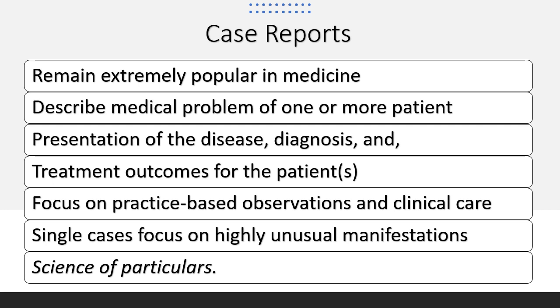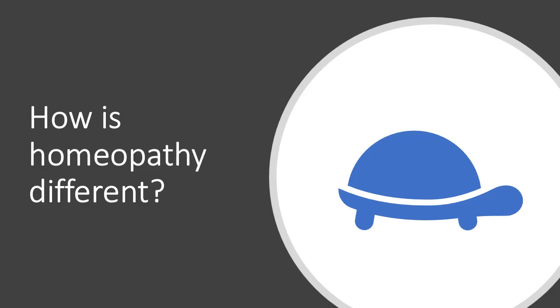This is something very interesting because homeopathy uses remedies in order to address particulars, or it addresses individualization of the treatment. How that is made possible, we shall be looking at it shortly.